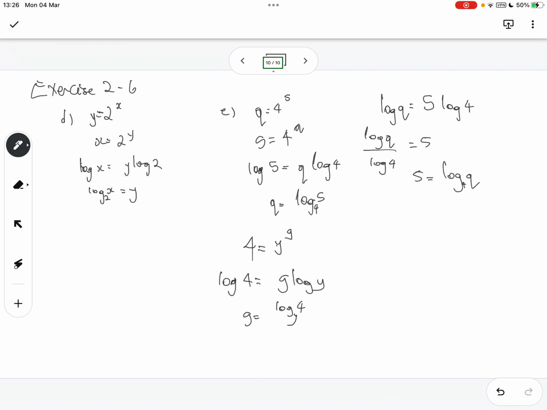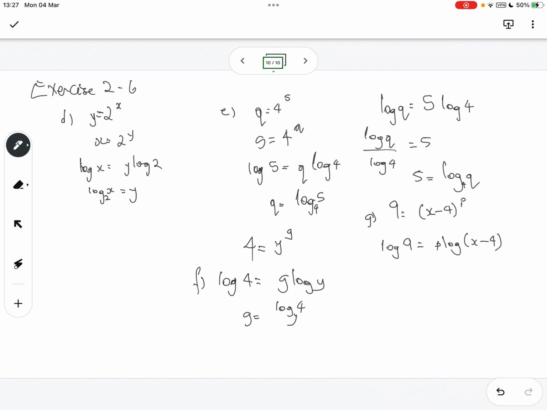Log 4 base y is equals to q. This is F. Then let's say number G: 9 equals x minus 4 to the power p.